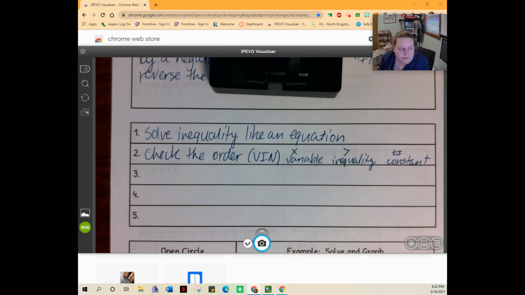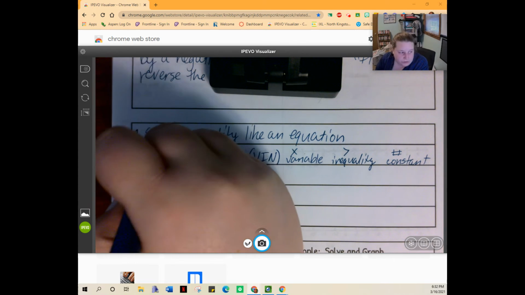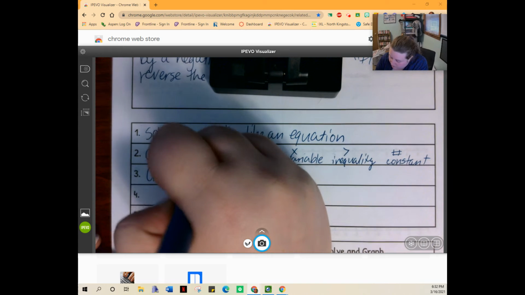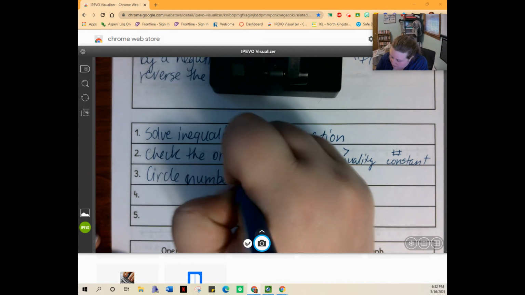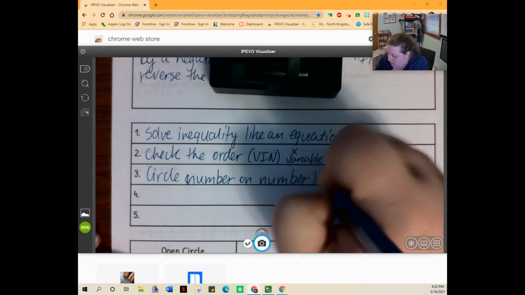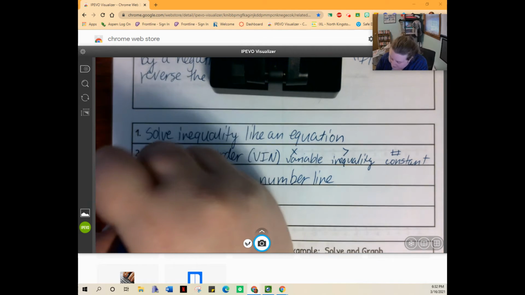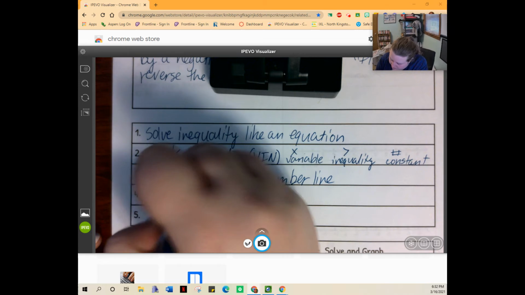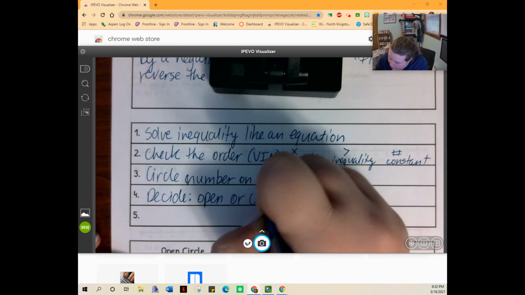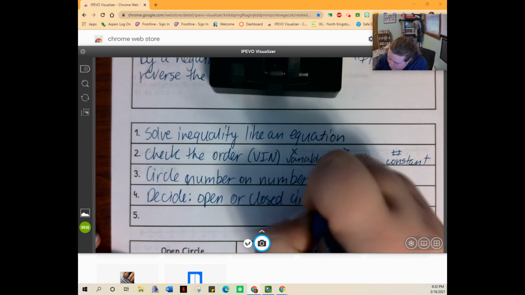Then we're going to go ahead and follow the rules of graphing. We're going to circle the number on the number line. We're going to decide open or closed circle.